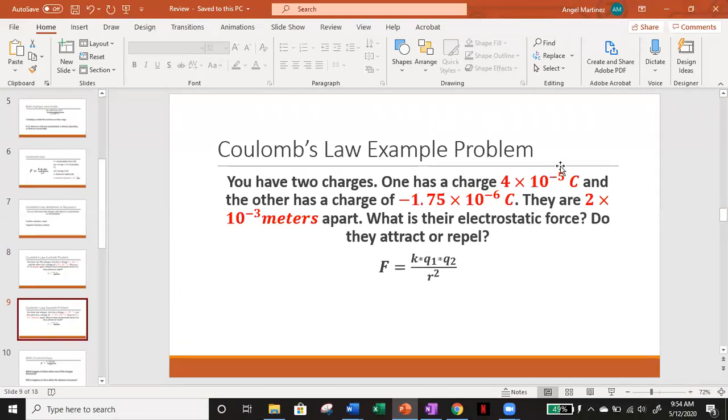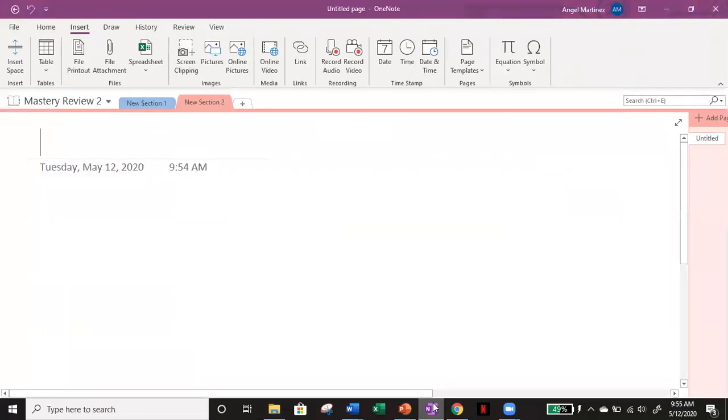They're going to be attracting. Now that we know that, let's answer the question. Like always, let's do our variables. K is the same thing, 9 times 10 to the 9. Q1, one of our charges, was 4 times 10 to the negative 5.